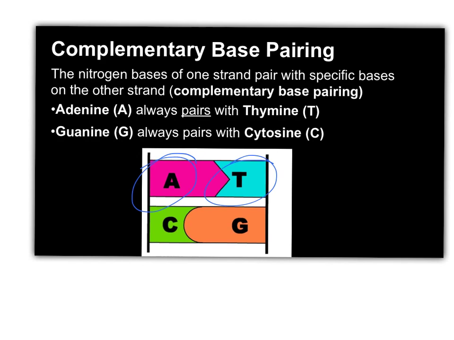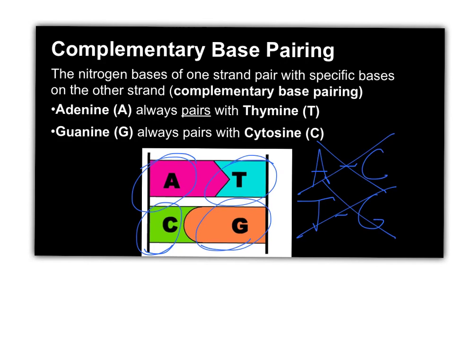They're always going to pair together. You're always going to see cytosine with guanine. You will never see A with C or T with G. A is always with T, G is always with C. They always want to pair together. That's called complementary base pairing.